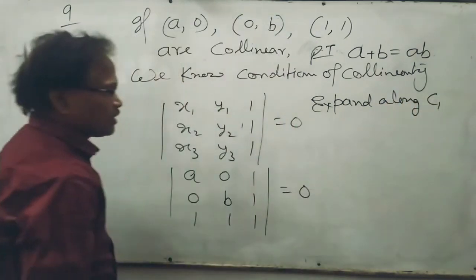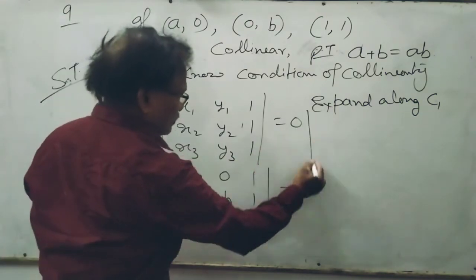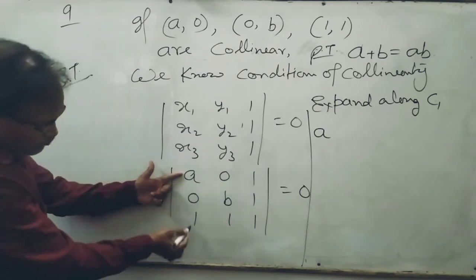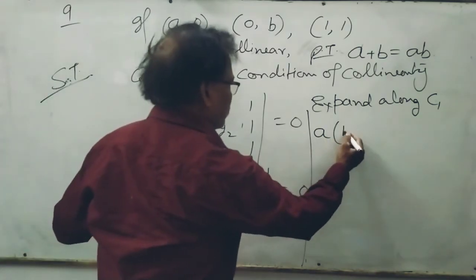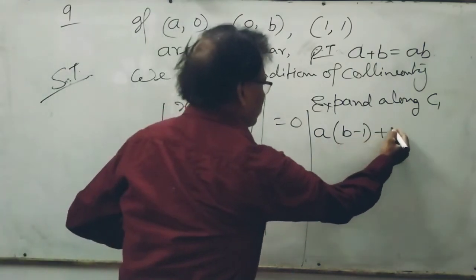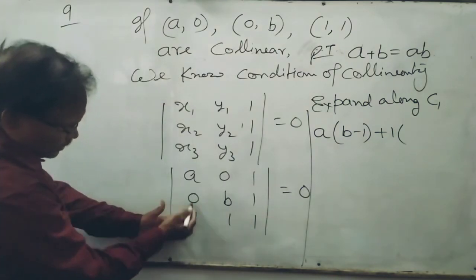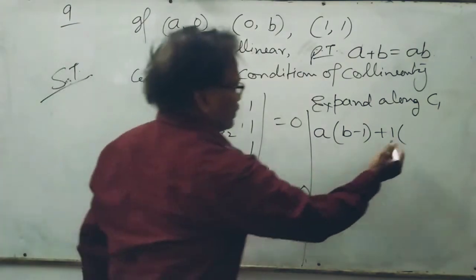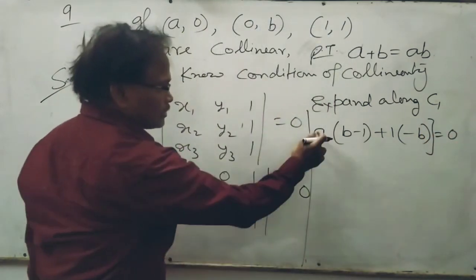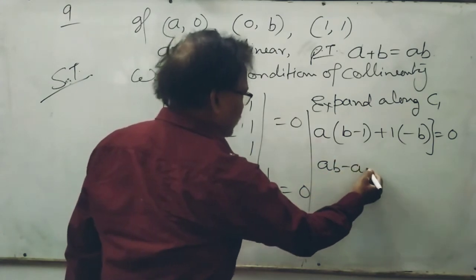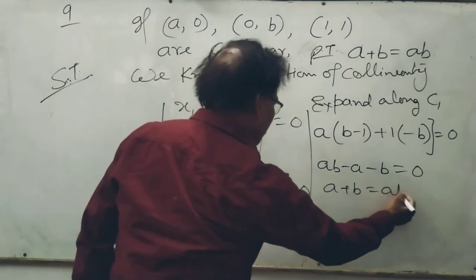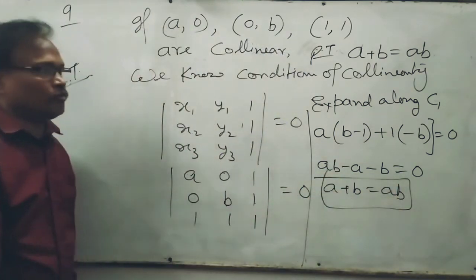Expanding along C1, A will be there, A times (B minus 1). Then 0 is there, no need. Then 1 is there, plus 1 times, this minus B is equal to 0. Then simplify this: AB minus A minus B is equal to 0. Can you write that A plus B is equal to AB? Yes. So you can prove it like this.